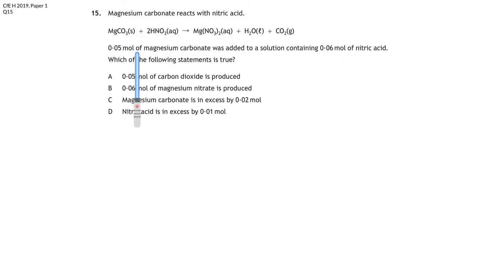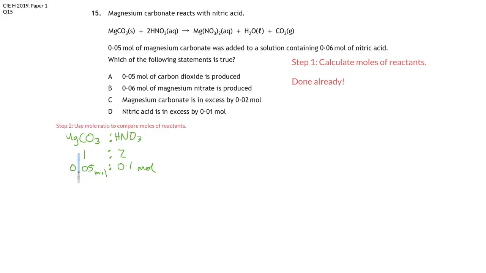In our final example here, it's another multi-choice. They've made it slightly easier for you because they've already calculated the moles for you, and you're really just using the mole ratio to see which one is in excess. So step 1, calculating the moles, is done already. This allows us to move straight on to step 2, looking at the mole ratios.